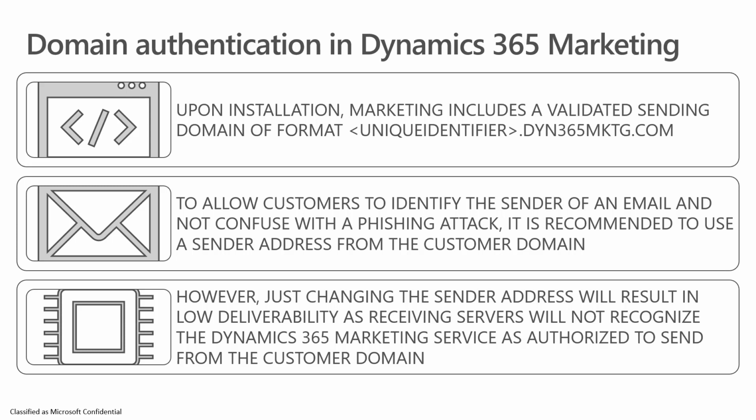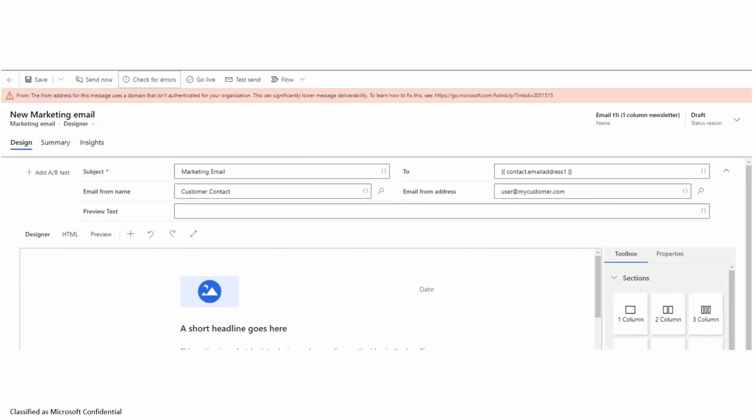However, if I just changed the email address, because the email is getting sent from Marketing and wouldn't be recognized by the receiver, they'll get a very low score from a deliverability perspective, as it's not authorized for a Microsoft service to send emails on behalf of a particular customer domain.